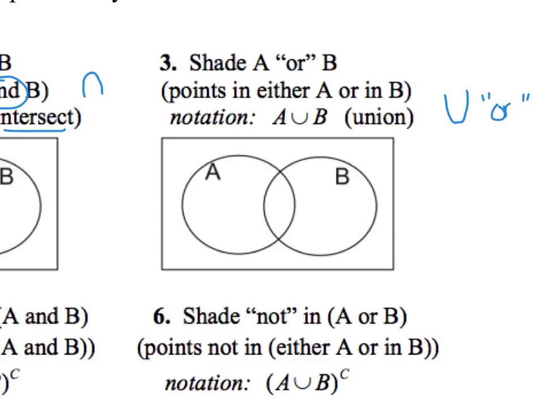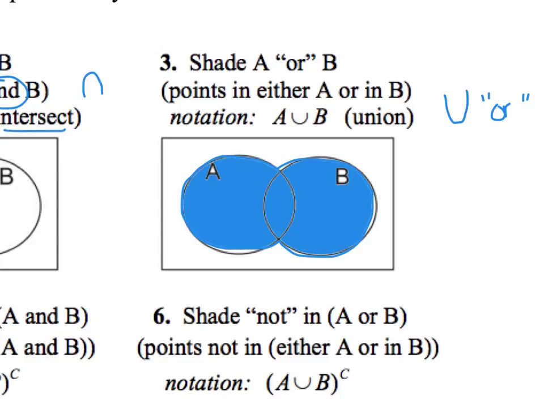Or means in either A or B, so it's this area but also this area, all added together. So it's all of that area for the or. We've talked about this again, but just as a visual, and know that this is the symbol for or that we're working on.